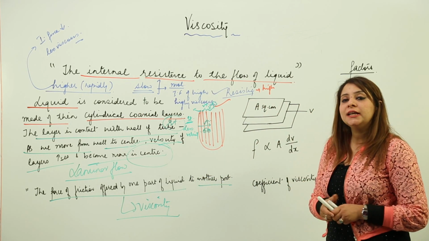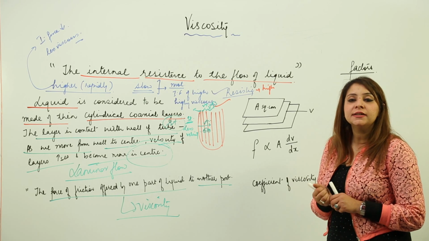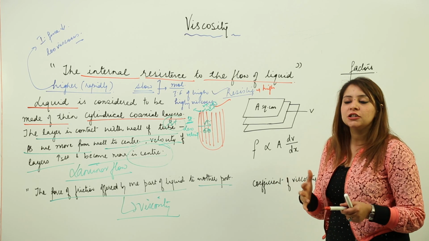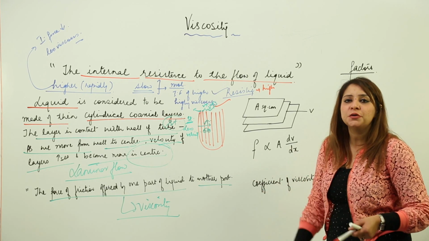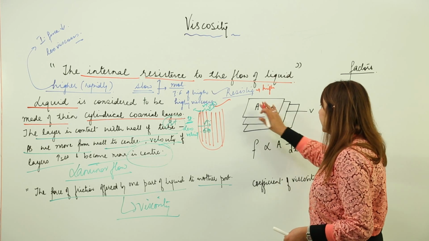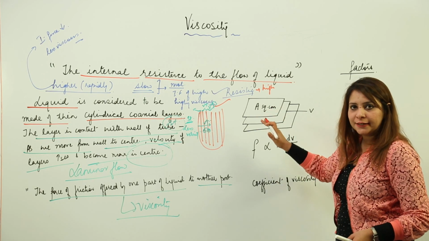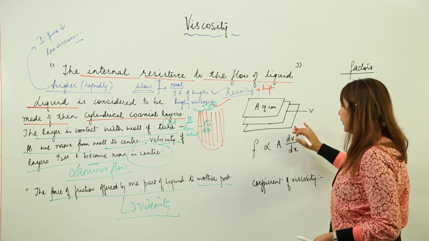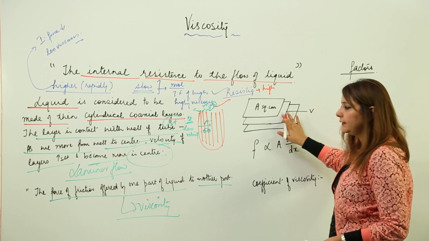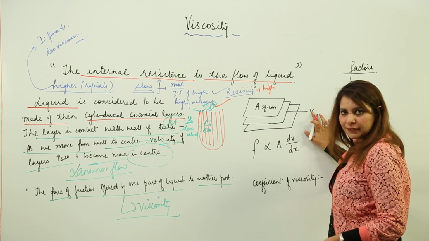Now, as we know that there is a force of friction, let us write an expression to show what factors force of friction depends upon, and how we can calculate it mathematically. Let's say these are coaxial cylindrical layers placed one above the other. This one is close to the tube, this one is in the center, so its velocity is v, which is maximum.